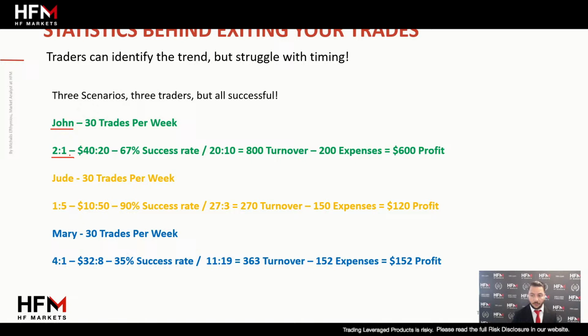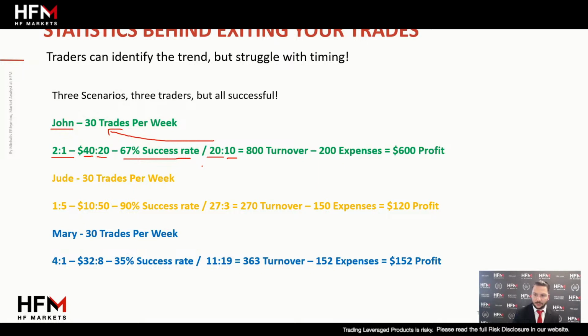Basically, he's looking to earn $40 per trade and he will risk $20 per trade. And he has a decent success rate, not high, not necessarily low, of 67%. So based on 67% and 30 trades, it means that he closes 20 of the 30 in a profit and 10 in a loss.